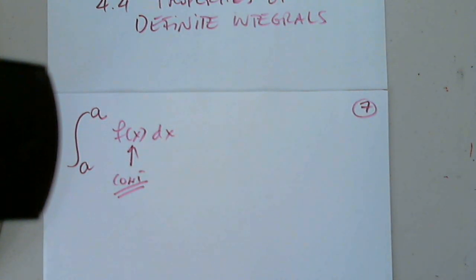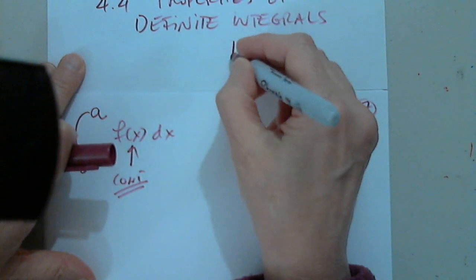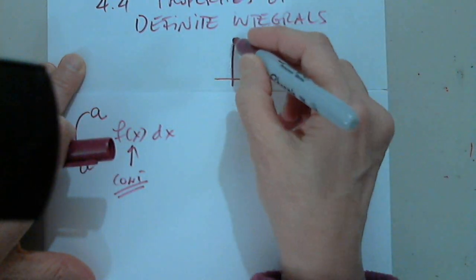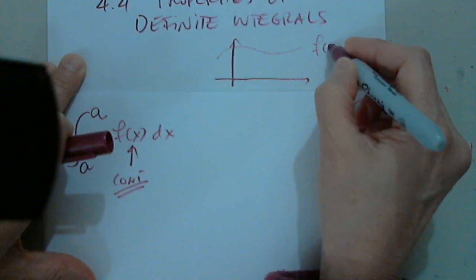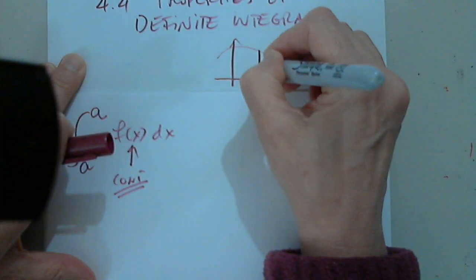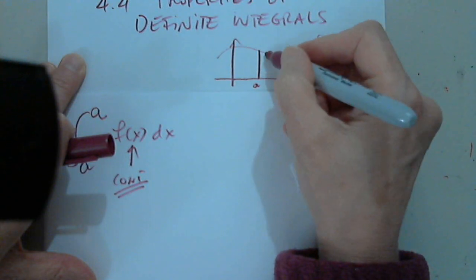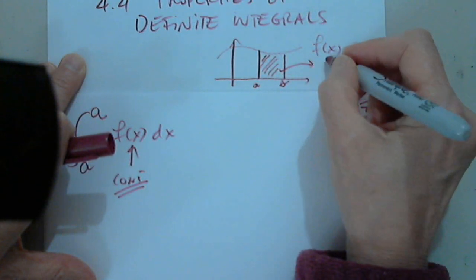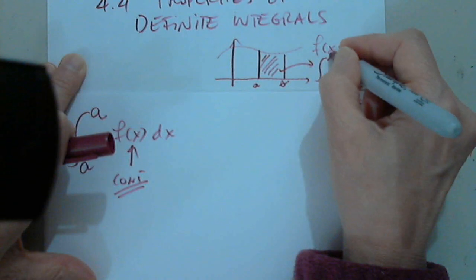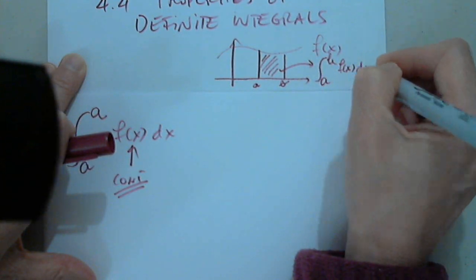So before you say anything, maybe it's better to picture something here. So here's the function. Here is a, and here is b. This is the area that is represented by the integral from a to b of f of x dx.